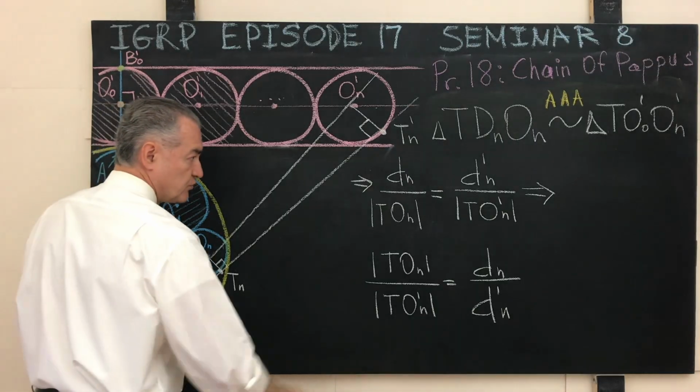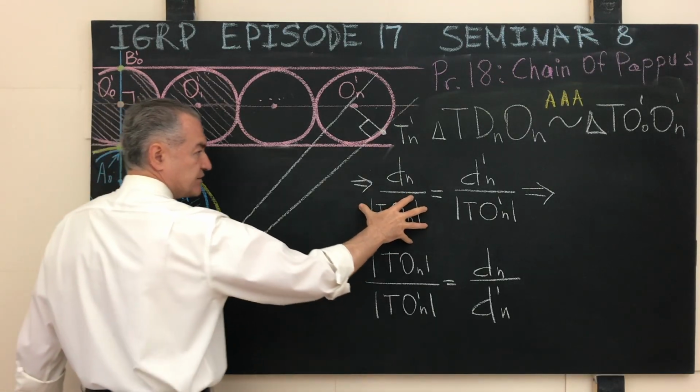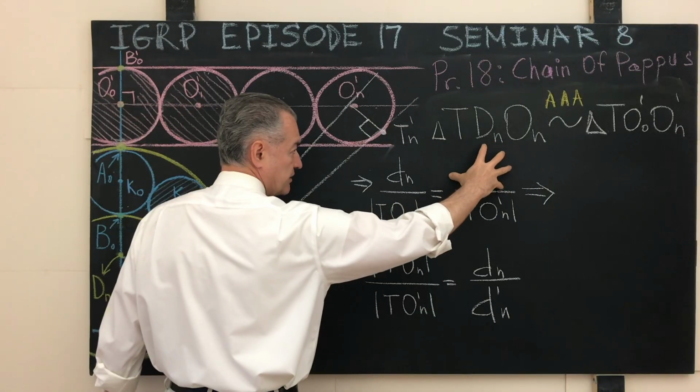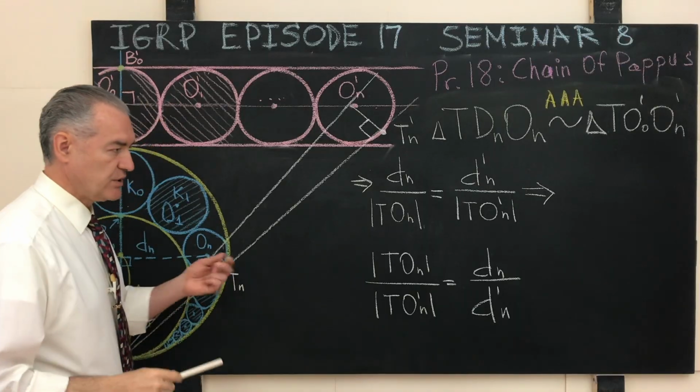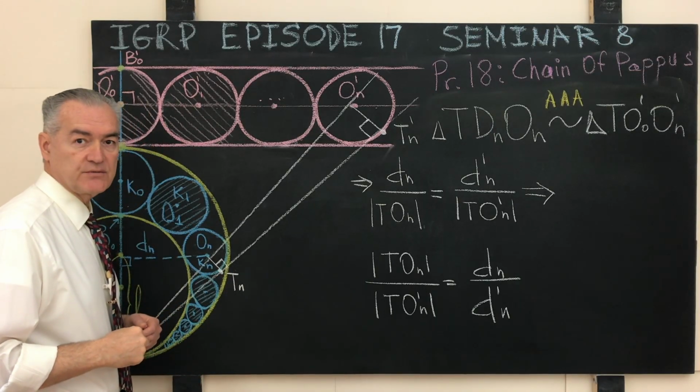And again, if we move this distance into the numerator on the other side and this distance into the denominator, this is the relation that we obtain, and we can take it further at this point.